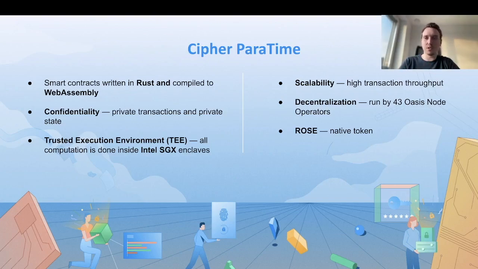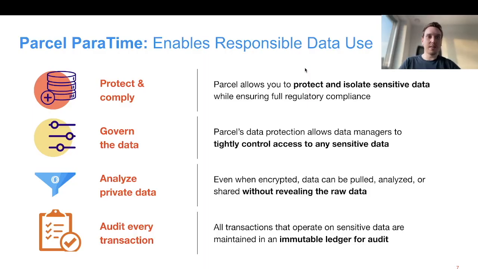I mentioned 1,000 transactions per second, and we're also using ROSE as a native token. So you will notice ROSE is used on the consensus layer and also on ParaTimes, right? So yeah, Cipher ParaTime is very interesting from a confidentiality and TEE perspective, right? To have a trusted environment.